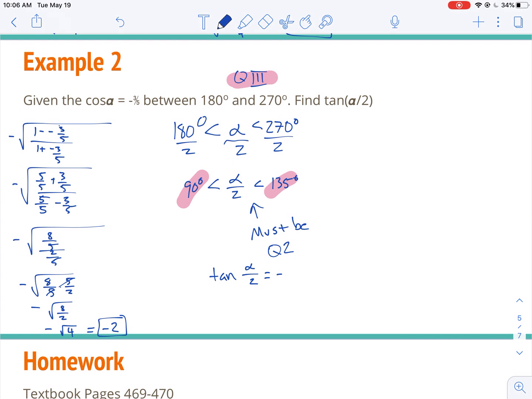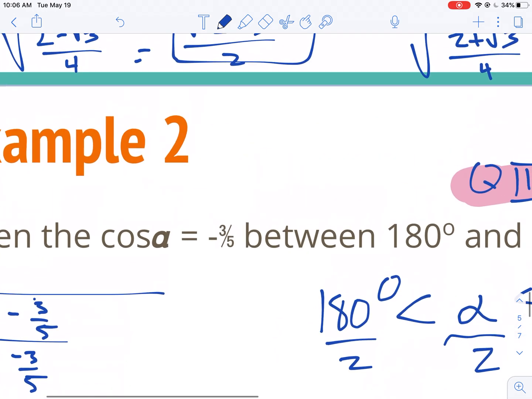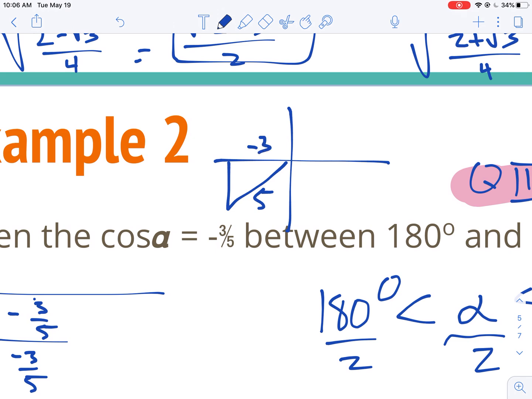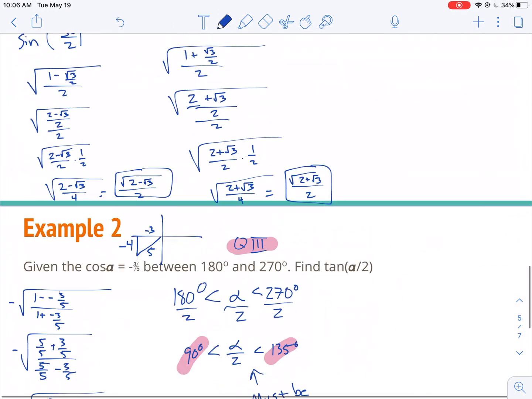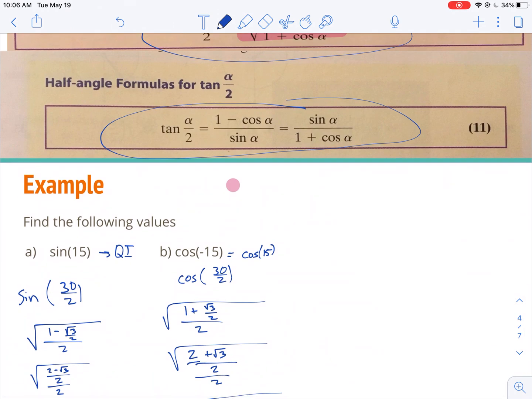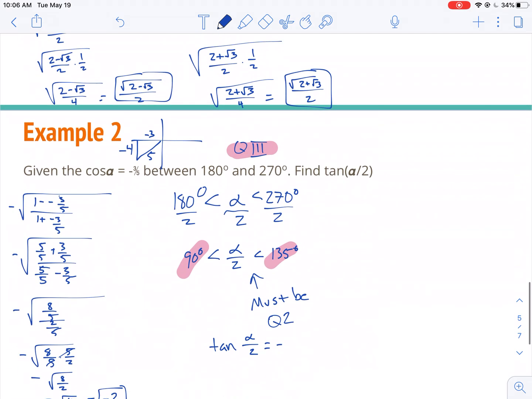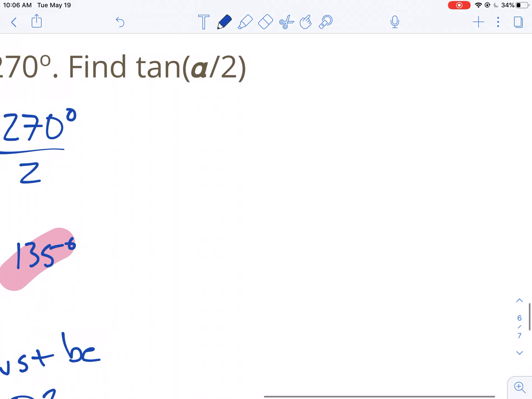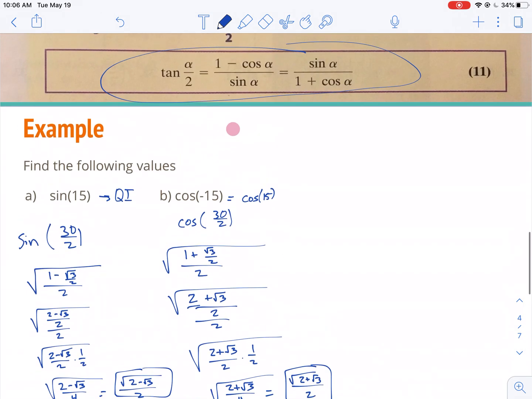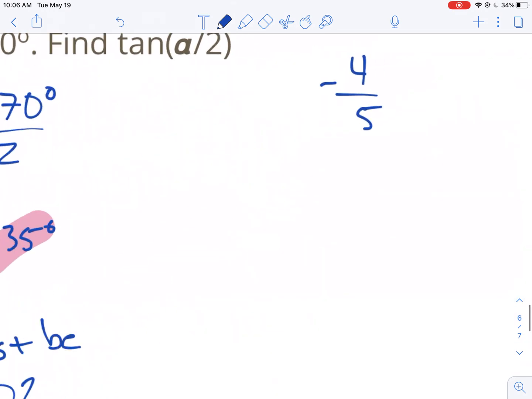You could also realize that you're talking about a quadrant 3 angle here. Again, I'm giving you nice 3, 4, 5 triangles. So 5, -3 is your adjacent, which means that your opposite would have to be -4. And you could plug it into one of these up here. Let's go with the sine of theta, -4 over 5, all over 1 plus the cosine of alpha.